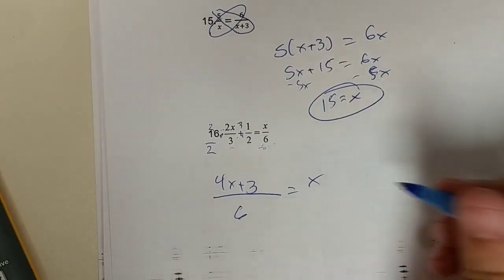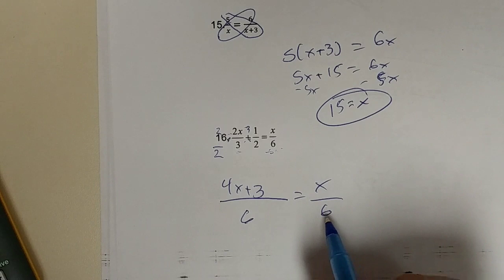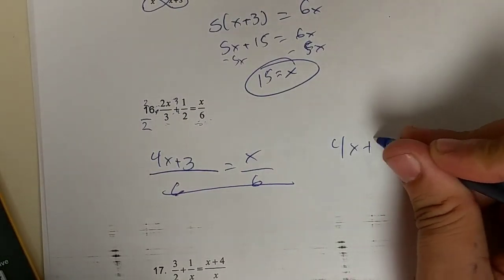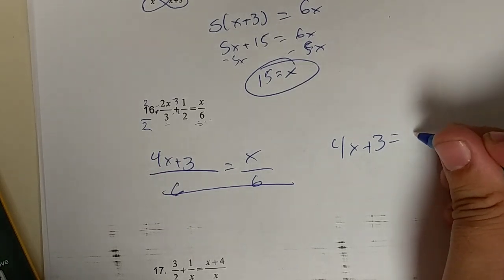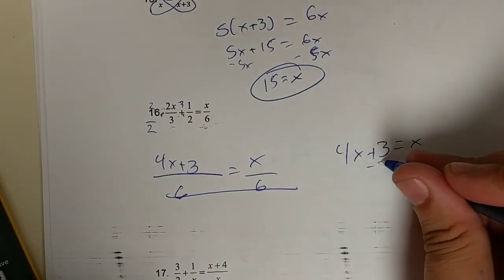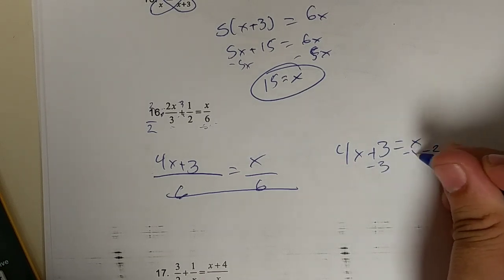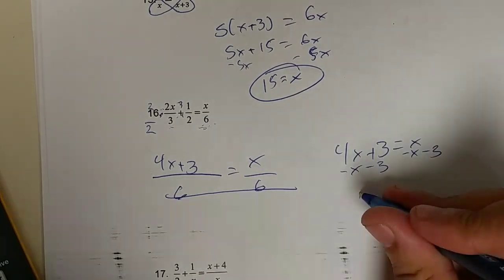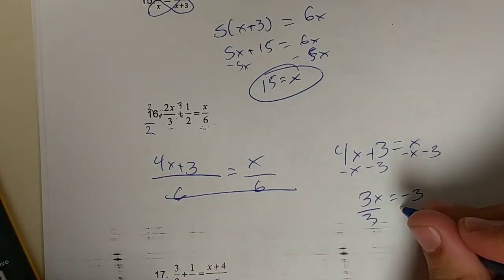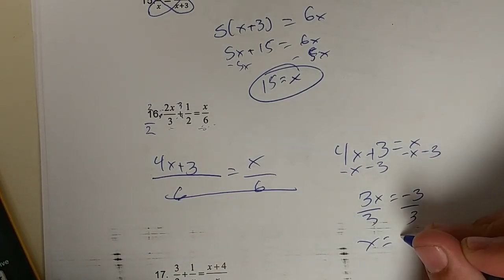Equals, I didn't have to do anything here, so x over 6. Since these are exactly the same on the bottom, I could cross those out. So I have 4x plus 3 equals x. Subtract 3, minus x, minus x. I have 3x equals negative 3. Divided by 3, x equals negative 1.